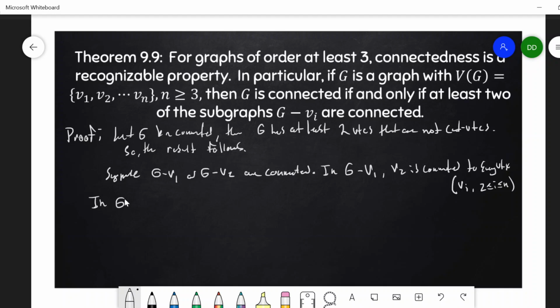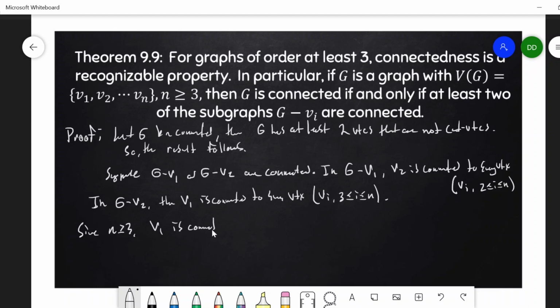And then if we look at G minus V2, V1 is connected to every vertex V sub i, where we can't say it's connected to V2, so 3 less than or equal to i less than or equal to n. However, because n is at least 3, V1 is connected to V3, which is connected to V2.